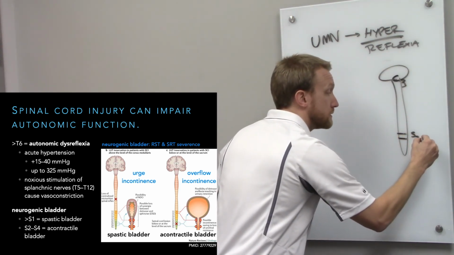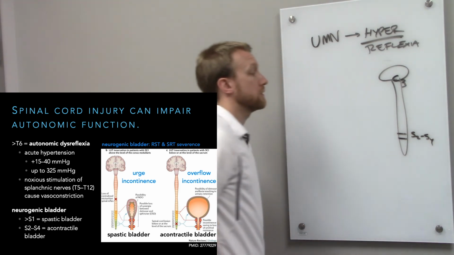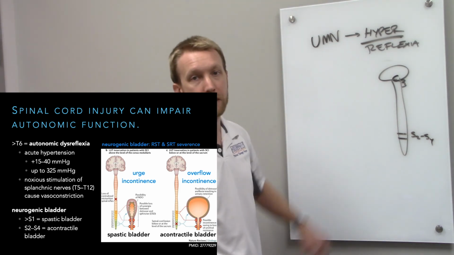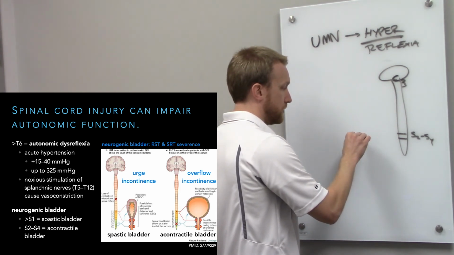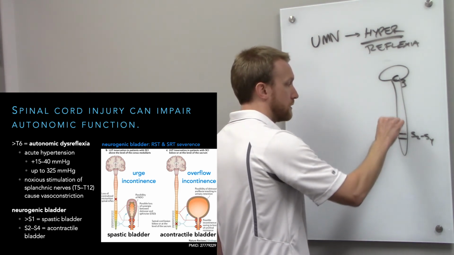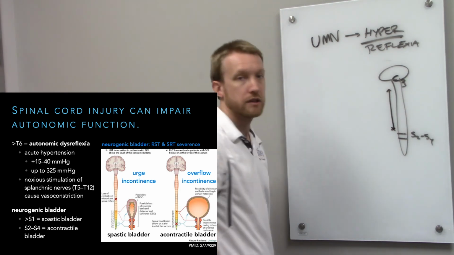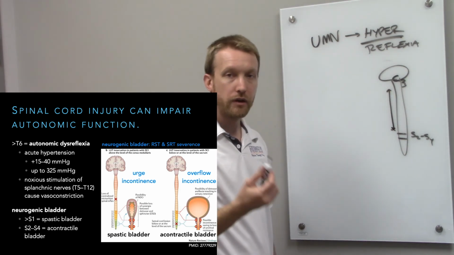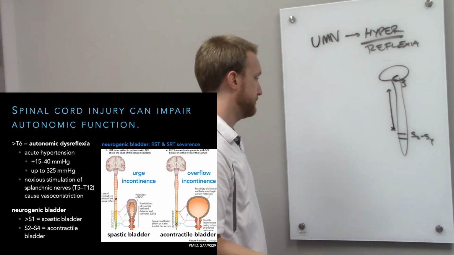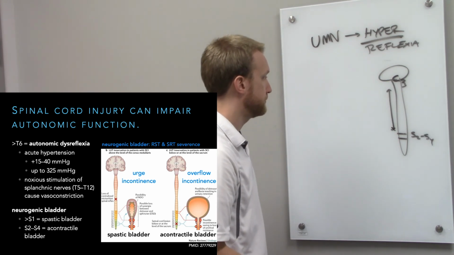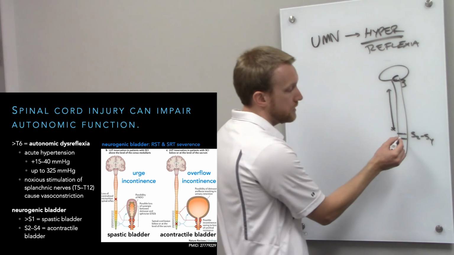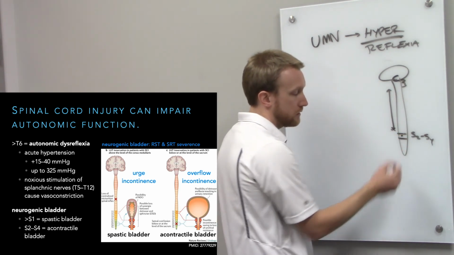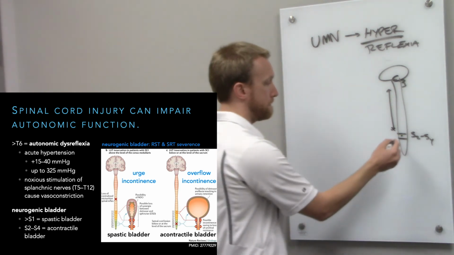In this case, we're concerned more with the parasympathetic input. So anything above our S2, S4, that'll create spastic bladder. Because it creates an upper motor neuron type injury. So these lower motor neurons here, you can think of them that way, right?